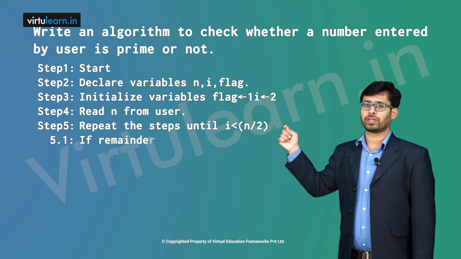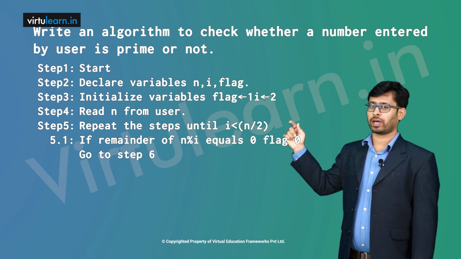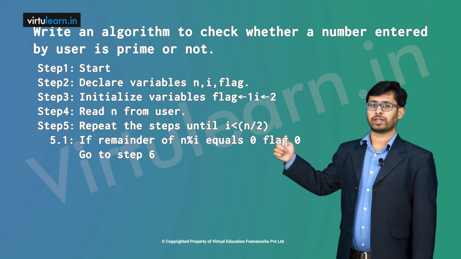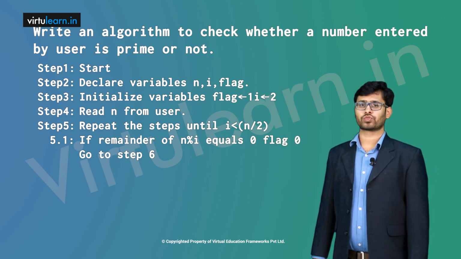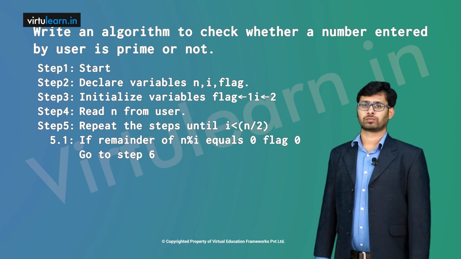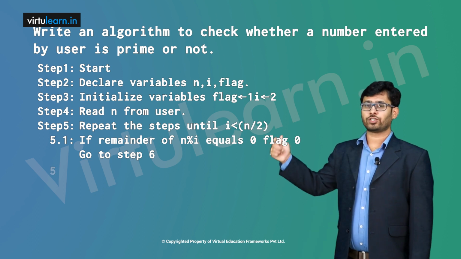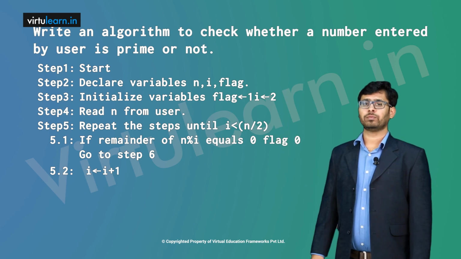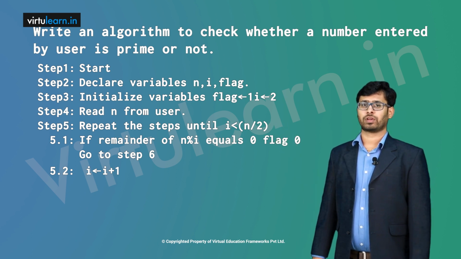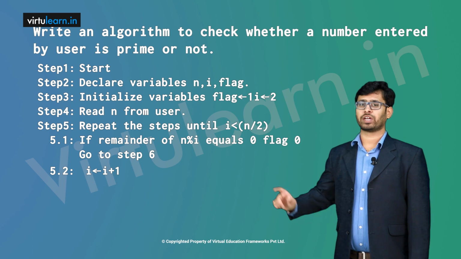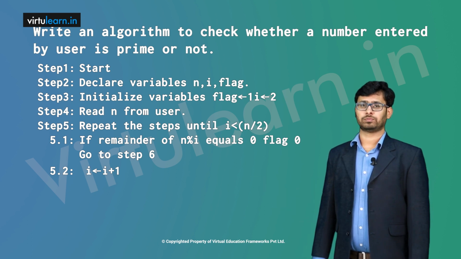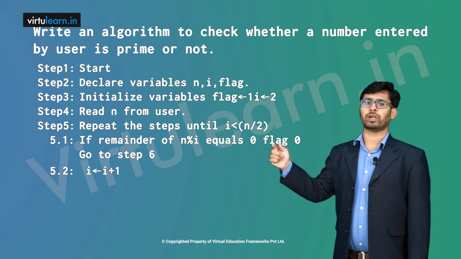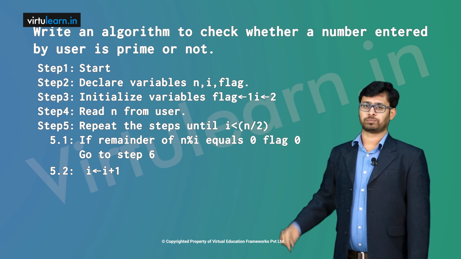If the remainder of the number, that is n mod i, is equal to 0, then we set the flag value to 0, and we go to step 6, stating that the given number is not a prime number. If this condition fails, then we increment the value of i by 1.